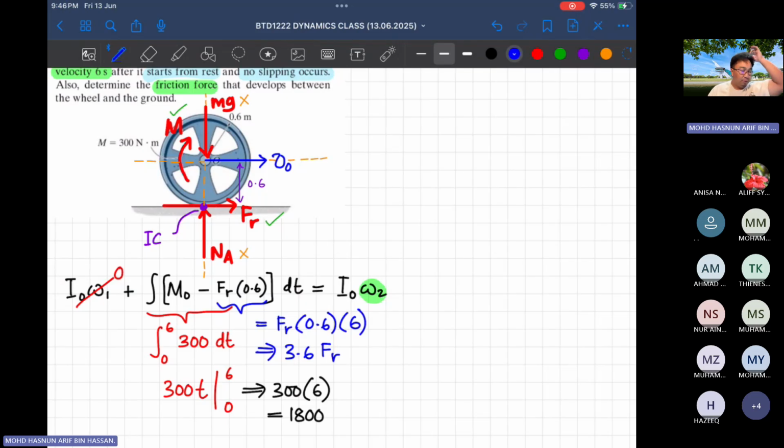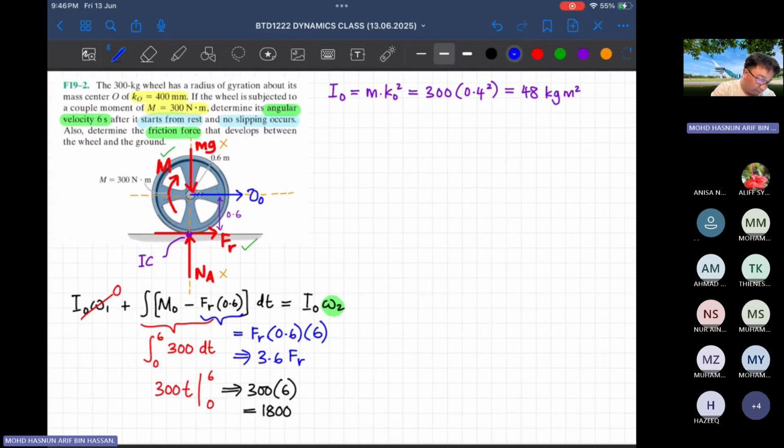So coming back to this equation here, this equation will become 0 plus I_O omega 1, which is 0, plus 1,800 minus 3.6 F_R, is equal to 48, I_O, omega 2.